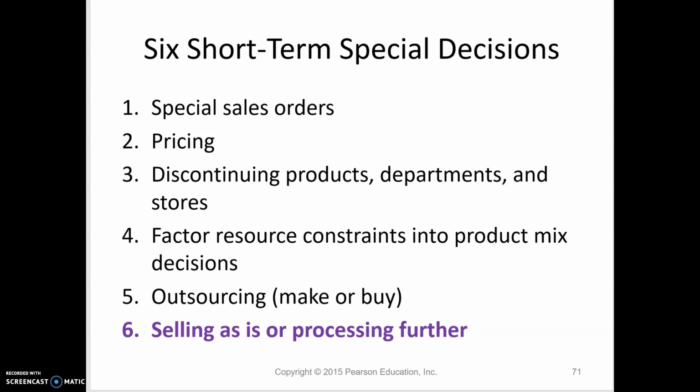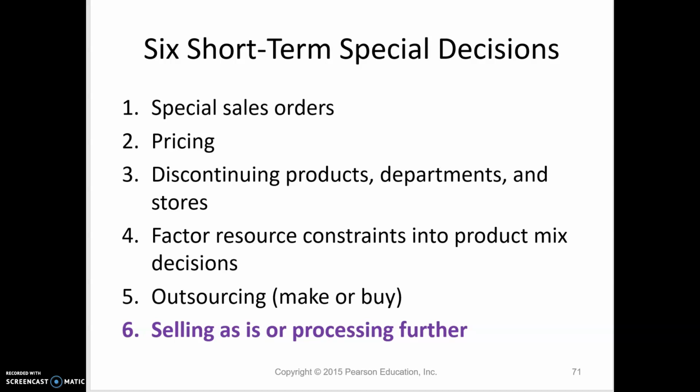The last special decision is selling as is or processing further. Okay, so I look at the example of, say, IKEA, where they have their furniture all unassembled. They've decided that by selling it unassembled, they can sell it for cheaper.